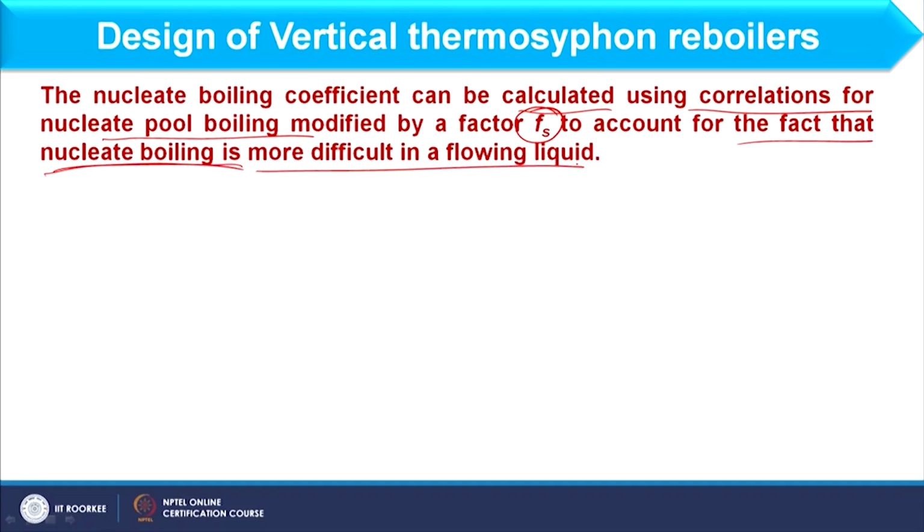When we consider nucleate pool boiling, the fluid is at a stagnant position, but here the fluid is continuously moving. So, whatever coefficient we obtain for nucleate boiling should be reduced by the factor Fs. The maximum value of Fs should be 1.